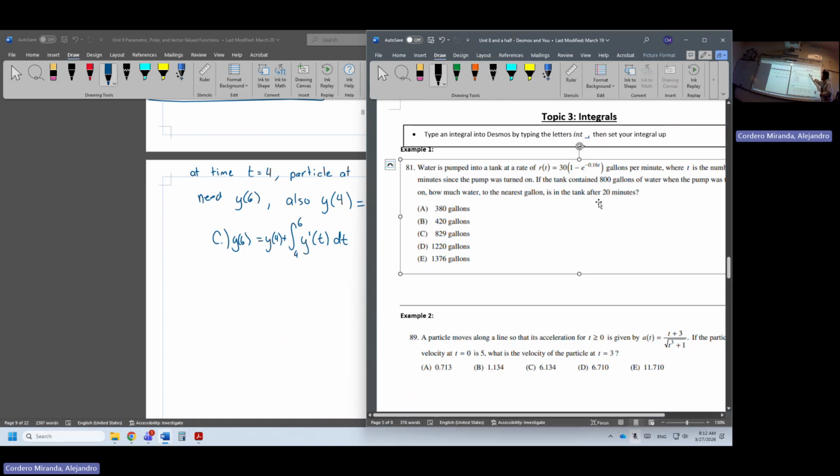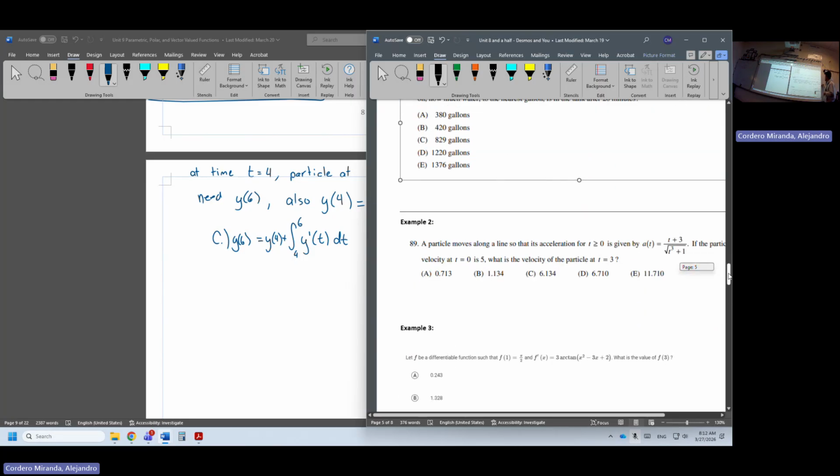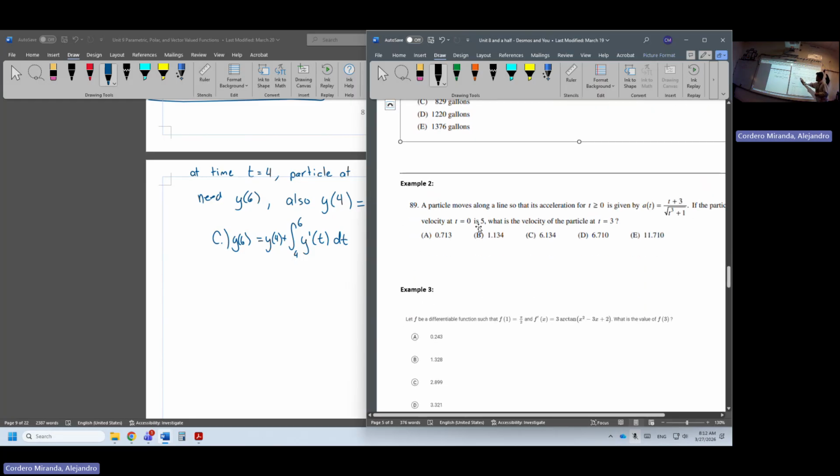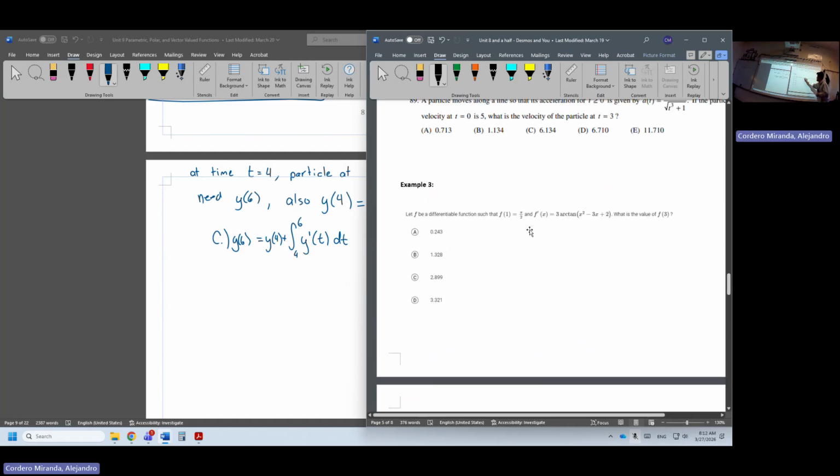Starts with 800. Here's the rate of change. What's the amount at the 20th minute? Starts at 5. Here's the rate of change. What's it at the 3rd minute? Starts at pi over 2. Here's the rate of change. What is it at 3? It's the same thing that you saw 2 days ago, 3 times in a row.